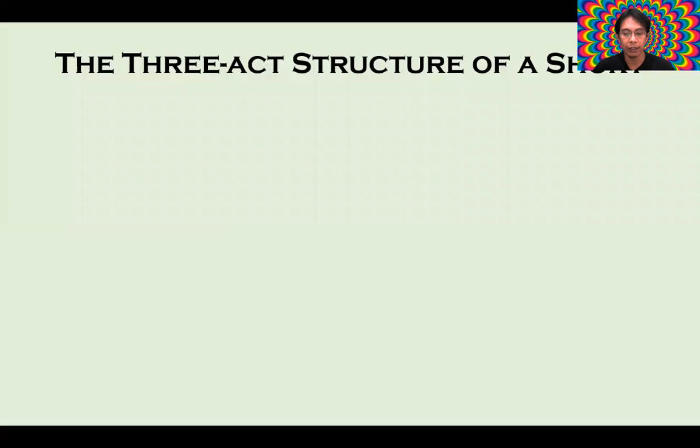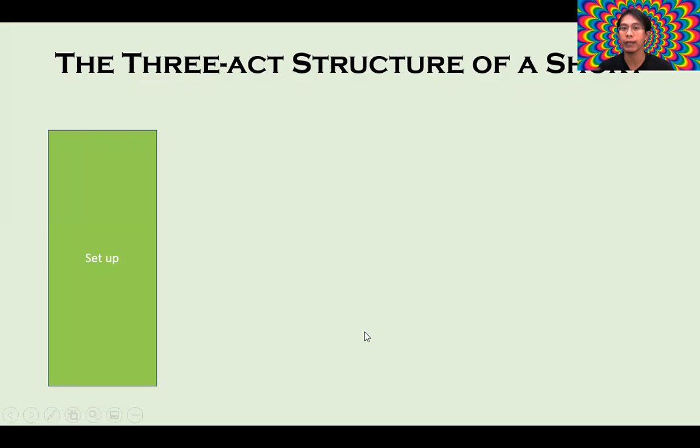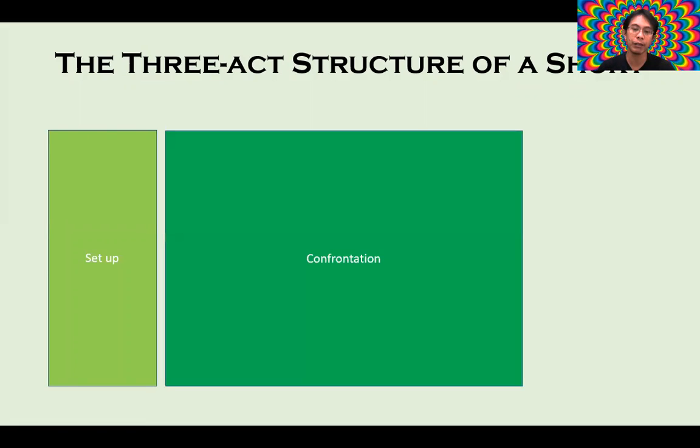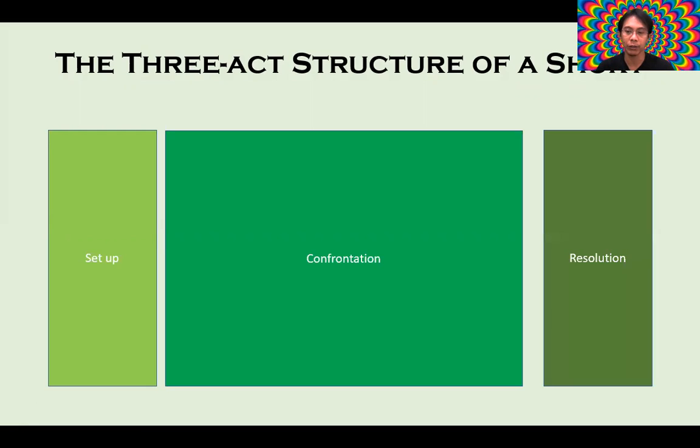So, you know that the three act structure consists of, first of all, the opening or the setup, and then another part called the confrontation. Sometimes people also call it the development, and it closes with a resolution.